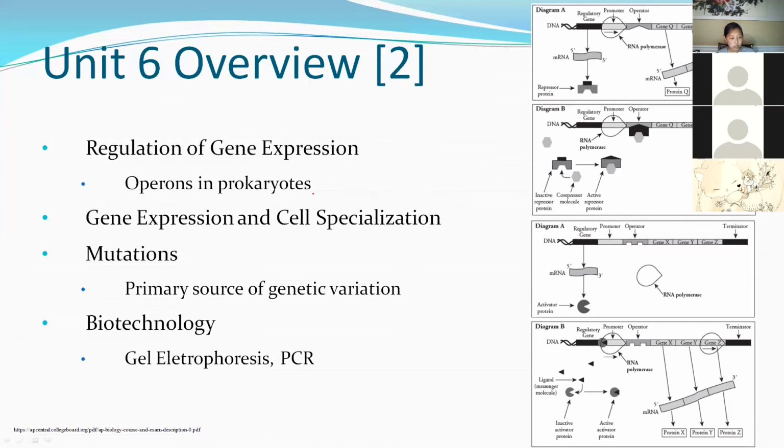And then there's biotechnology, which is the way we're able to work with DNA. For example, gel electrophoresis, which is basically running DNA through an electric current and allowing it to flow through gel. And then PCR, which is polymerase chain reaction, which allows DNA to be multiplied and made bigger.